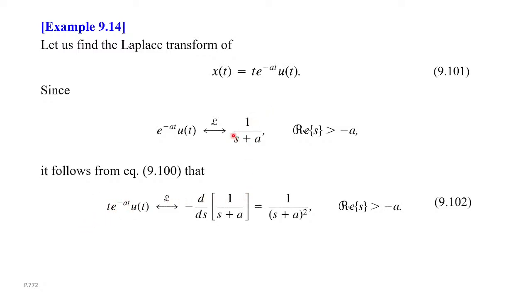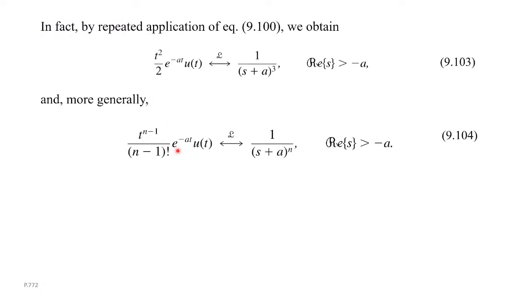And similarly, if you want an extra s here, you can do differentiation with t on this side. And you can also get even more powers of t by doing more differentiation.